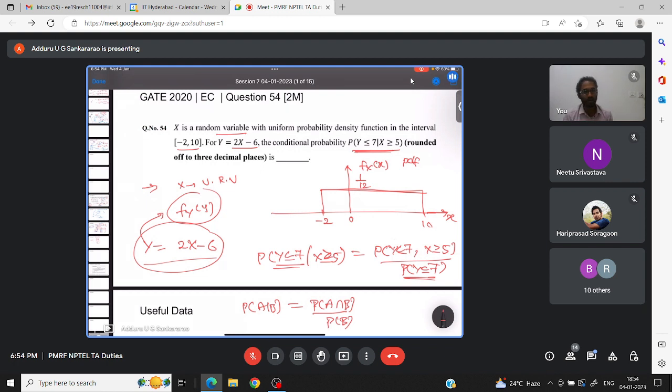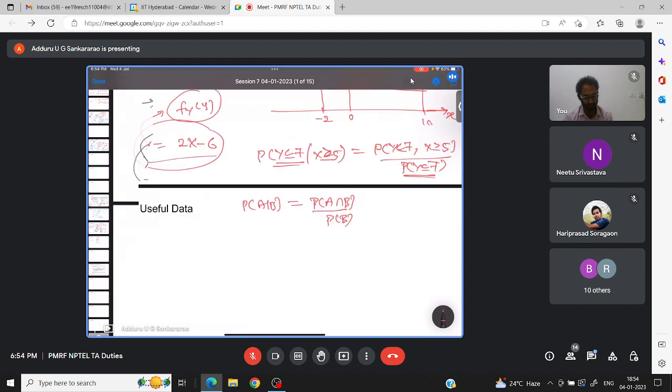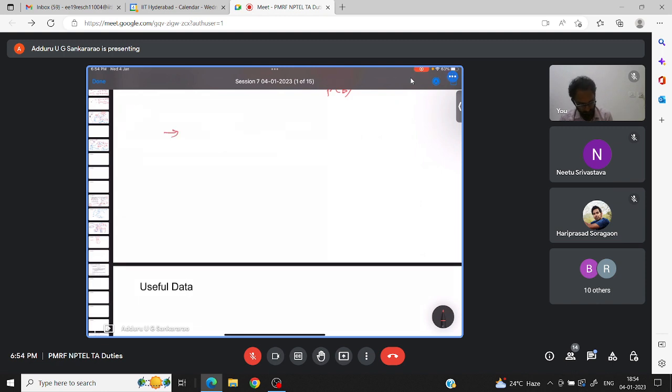Okay. Now, how to find out? Hope you have studied this in your random variables and random process theory course. We cannot directly find it from the PDFs; we can find it from the cumulative distribution function, right? CDF, cumulative distribution function, or sometimes they will say probability distribution function. That is defined as capital FX of x.